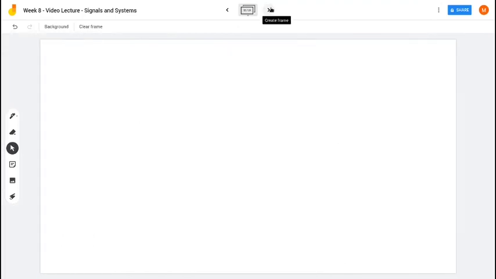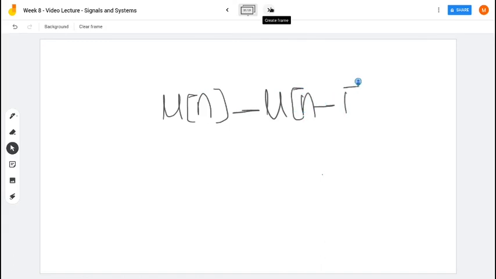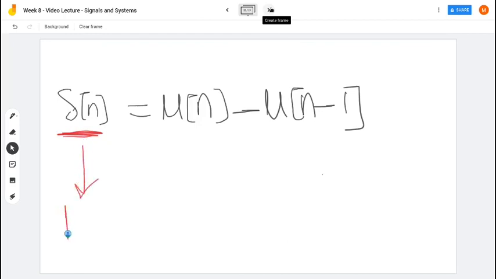We know that u of n minus u of n minus 1 would give us just one impulse at 0, which is delta of n. So applying delta of n to a linear time invariant system will give us the impulse response h of n.